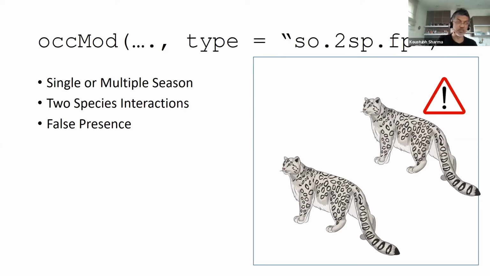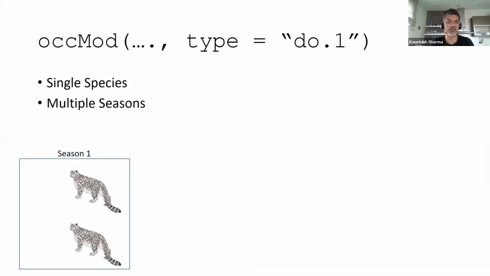So the same two species models with false positives is what can also be explored and modeled within the occupancy framework.